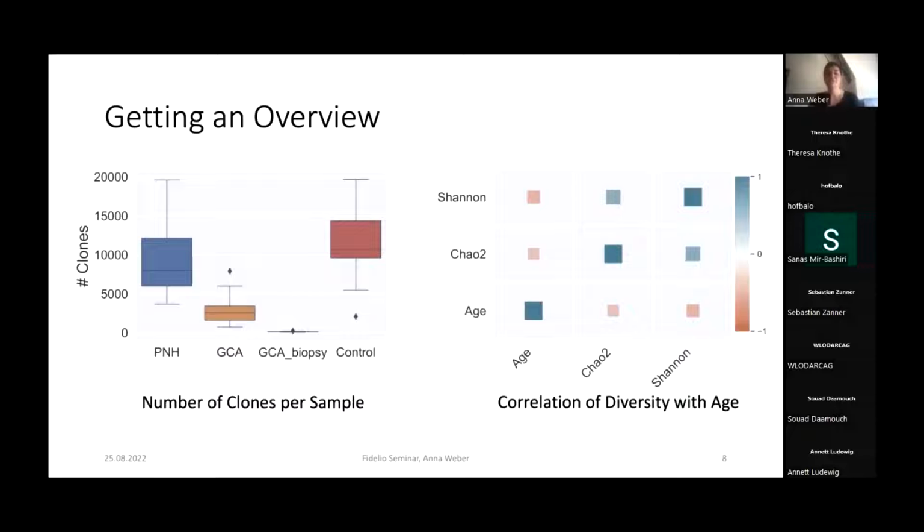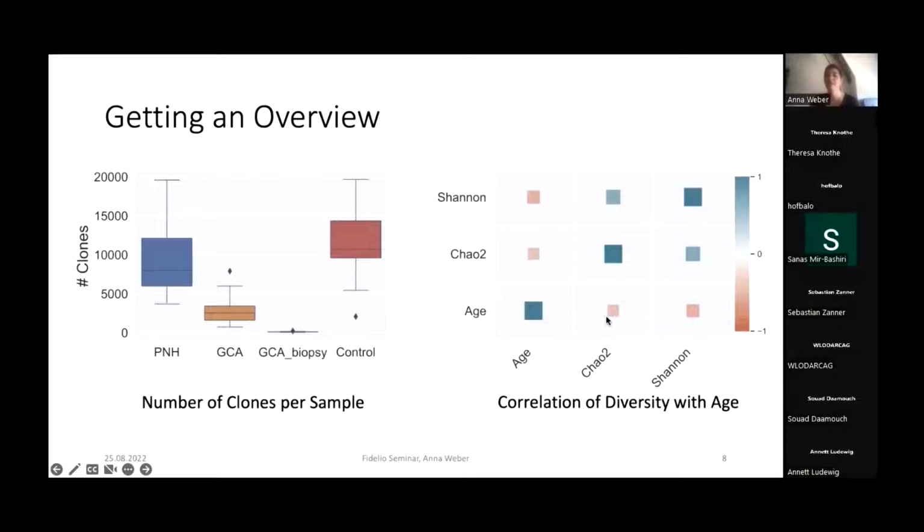And just to check my theory that this effect of lower diversity, lower number of clones in GCA, is an age effect, I calculated the correlation coefficient between age and two different diversity measures: Chao2 and Shannon diversity, just two ways of measuring diversity of repertoires.